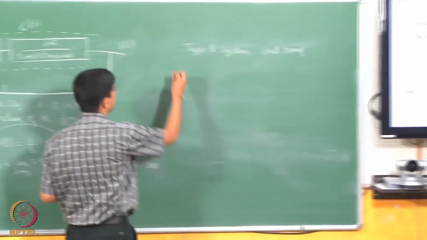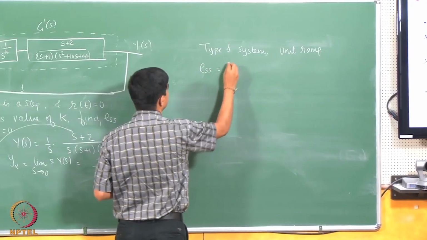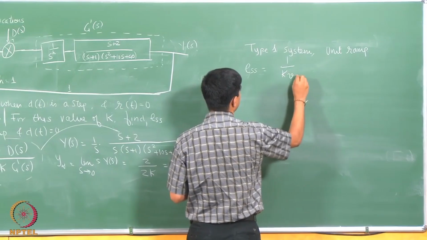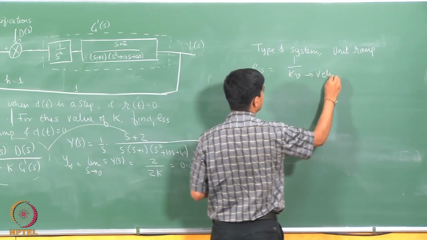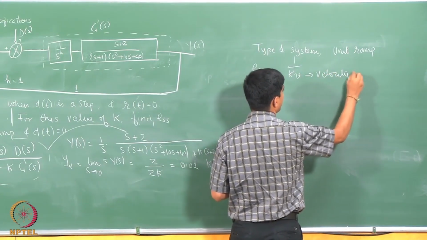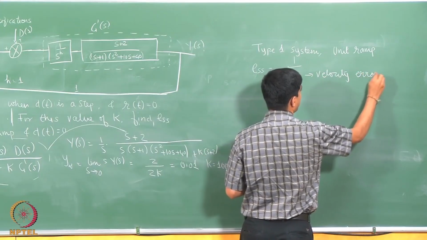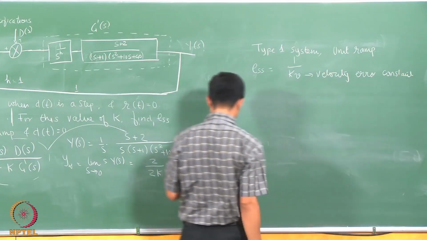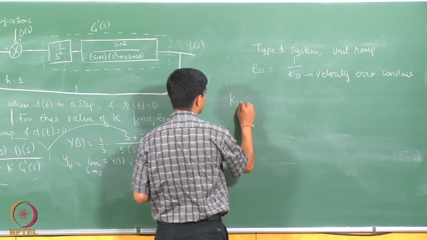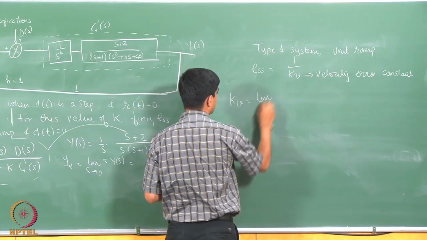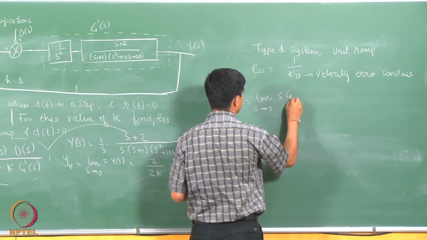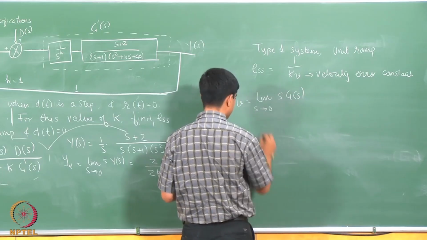The steady state error is 1 over kV, where kV is the velocity error constant. And what was kV? kV was the limit s going to 0 of s times G(s).